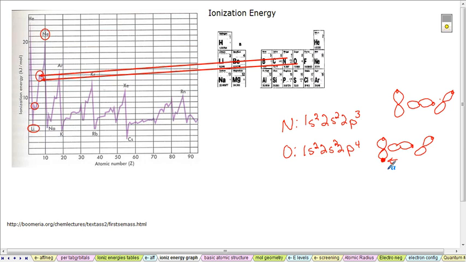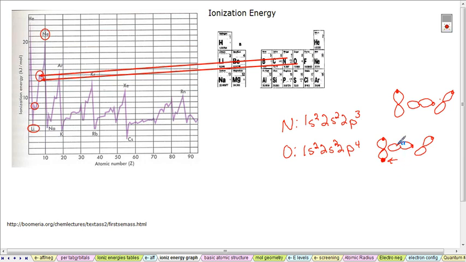Now, why is it easier to remove this electron than it would be to remove one of these 3 electrons from nitrogen? We've seen in the case of beryllium that it's more difficult to remove an electron from a pair than it would be to remove one electron that's by itself in an energy level.